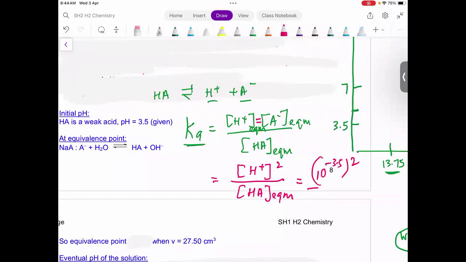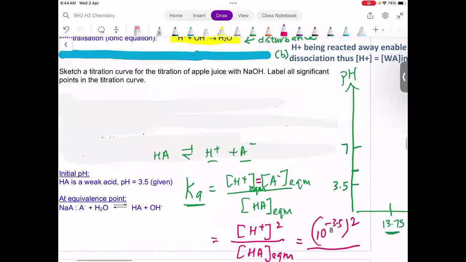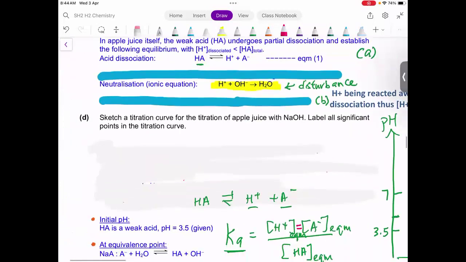Then how do I calculate the HA at equilibrium? The concentration calculated by you, right?